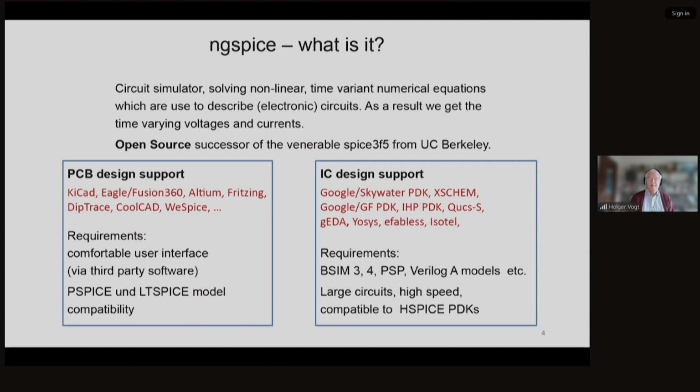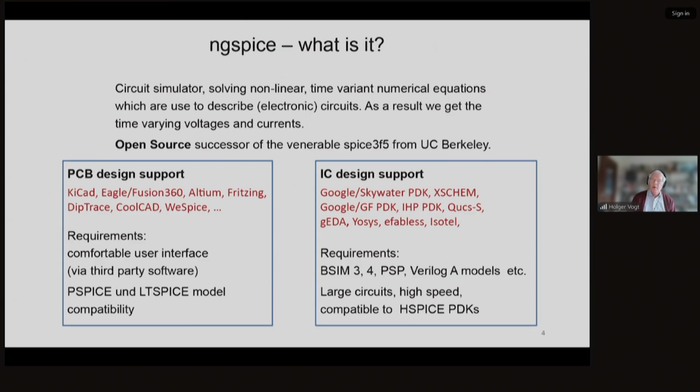Electronic circuits generate heat, and how to get rid of the heat can also be done with SPICE simulation. As a result, we get the time-varying voltages and currents. Ngspice is a direct successor of the venerable SPICE 3 from University of California, Berkeley.